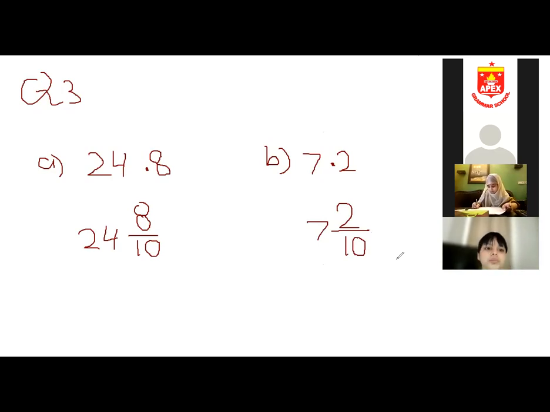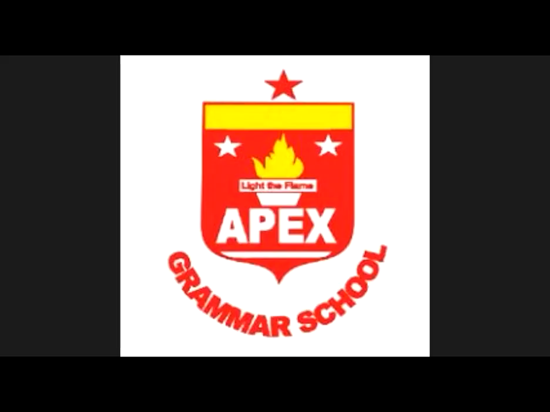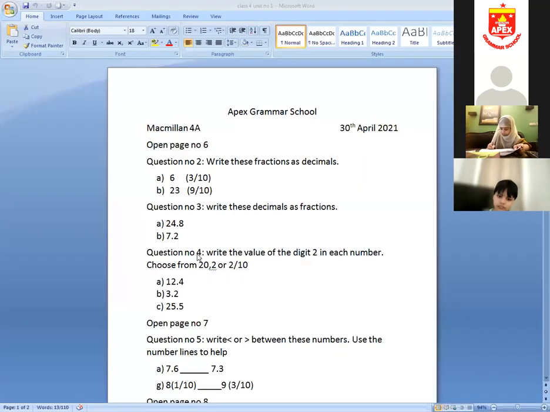Very good. So I'm going to move on to the next page, next question, that is question number 4. In this one, they are saying write the value of the digit 2 in each number.